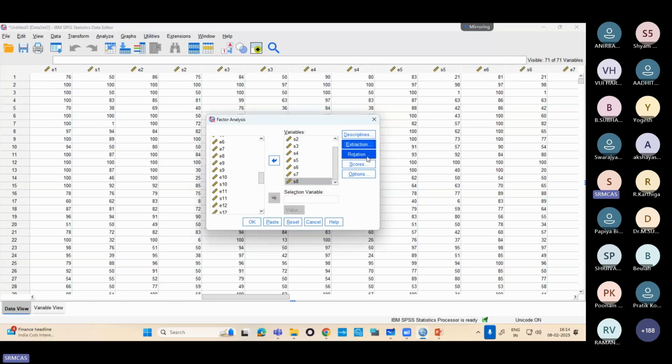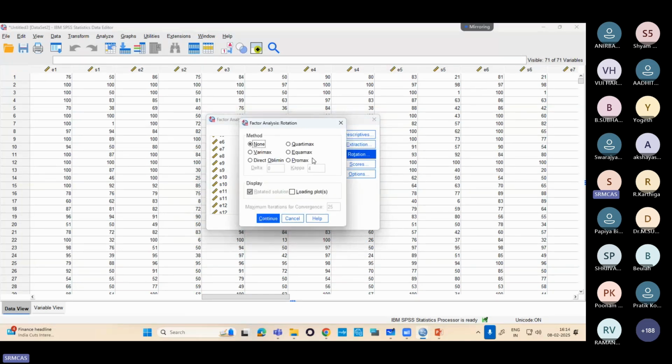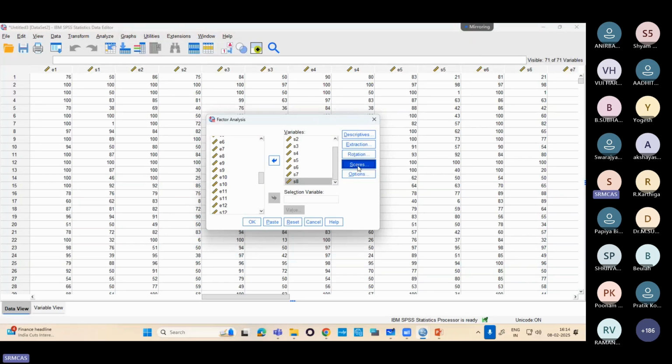Then rotations, we can choose any kind of rotation. Here we can choose varimax, and click the loading plots and rotated solution. Then continue. Now click the scores.